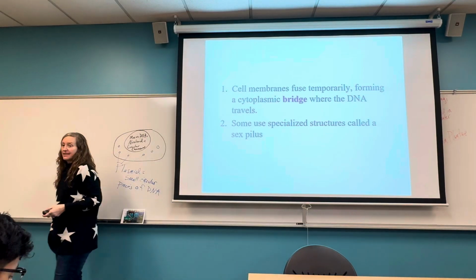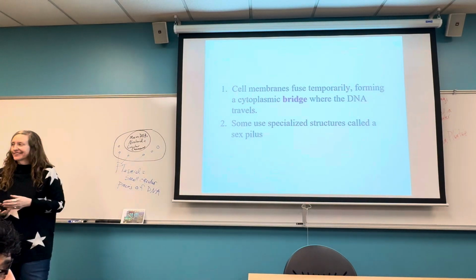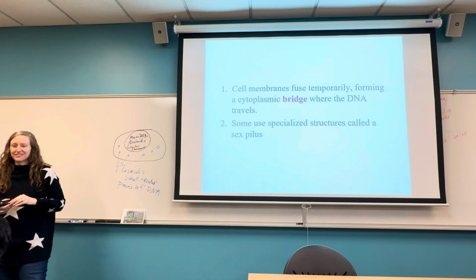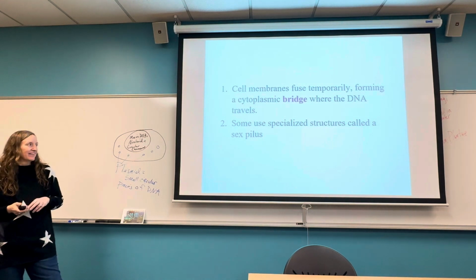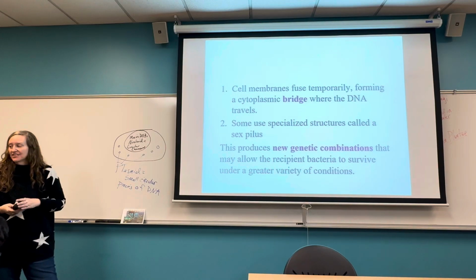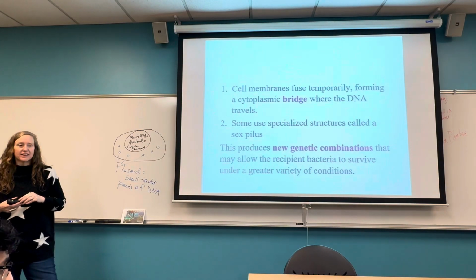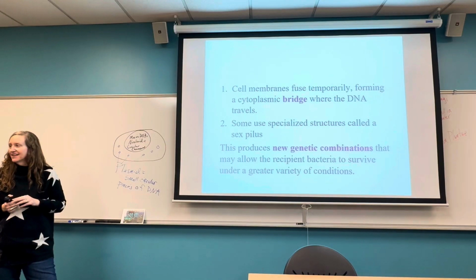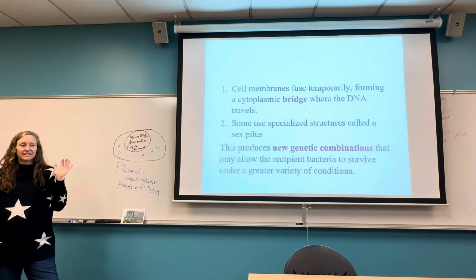So this is another way that they can evolve, by sharing pieces of DNA, the plasmids, in this way. Because of this, we're seeing new genetic combinations in different species that you never see in one species.